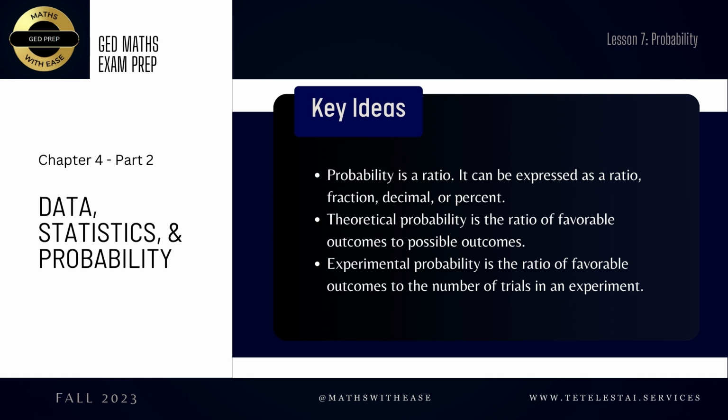Theoretical probability is the ratio of favorable outcomes to possible outcomes. Experimental probability is the ratio of favorable outcomes to the number of trials in an experiment.